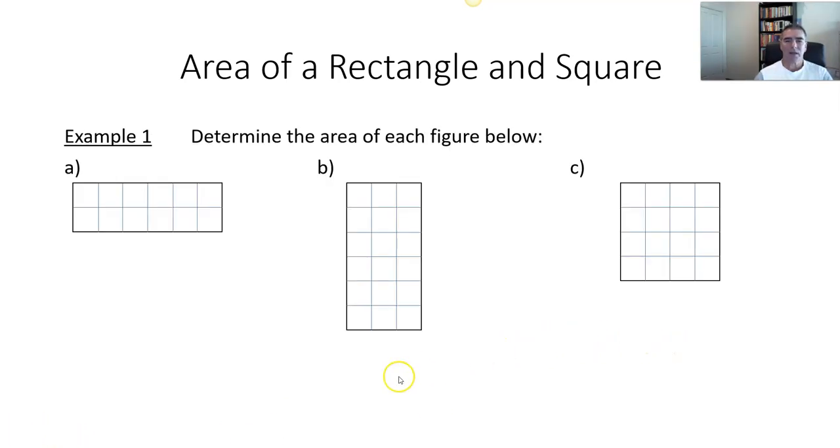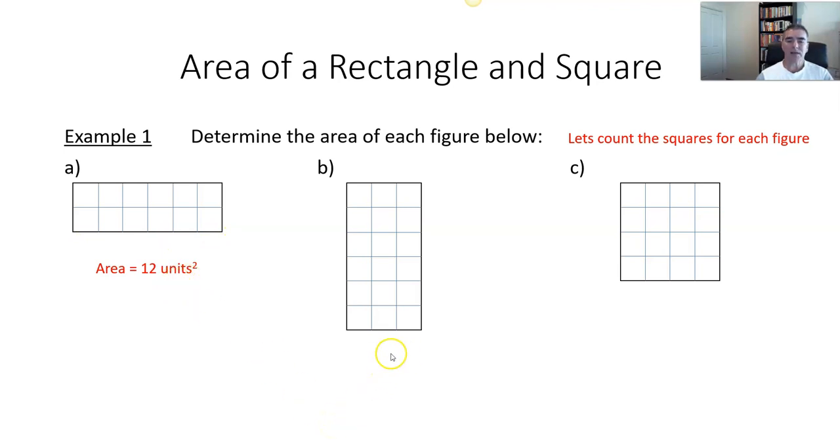Let's have a look at some examples where we count the number of squares in each figure. We've got a rectangle here that's 1, 2, 3, 4, 5, 6 squares long. We've got another 6 up here, so 6 and 6 gives us an answer of 12 square units. I haven't told you whether they are centimeters or meters or anything, so that's why we've got units squared there.